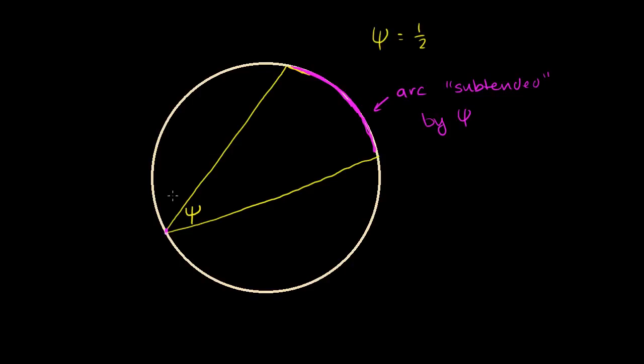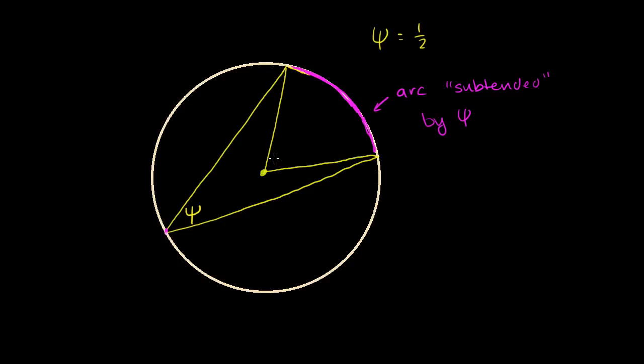Now, a central angle is an angle where the vertex is sitting at the center of the circle. So let's say that this right here, I'll try to eyeball it, that right there is the center of the circle. And so let me draw a central angle that subtends this same arc. So that looks like a central angle subtending that same arc, just like that.